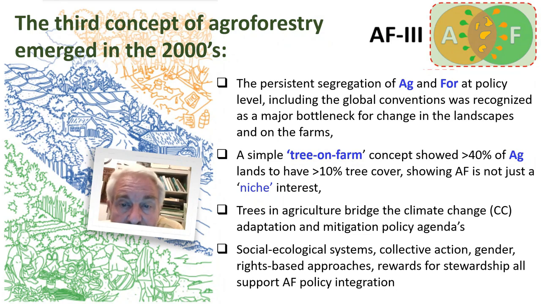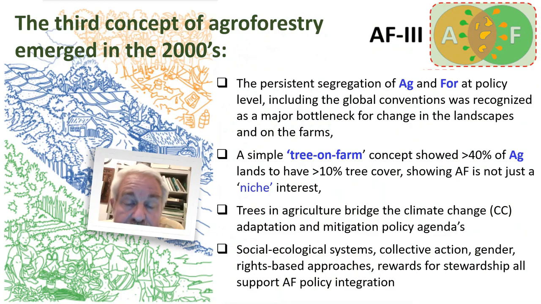realizing that the policy level segregation was a major bottleneck of what happened in the landscape. It was helped by data that showed that with a very simple trees on farm definition, more than 40% of the agricultural lands of the world have more than 10% tree cover and could as such be seen as forest as well. So it showed that agroforestry is not just a niche interest, but a major part of the real world.